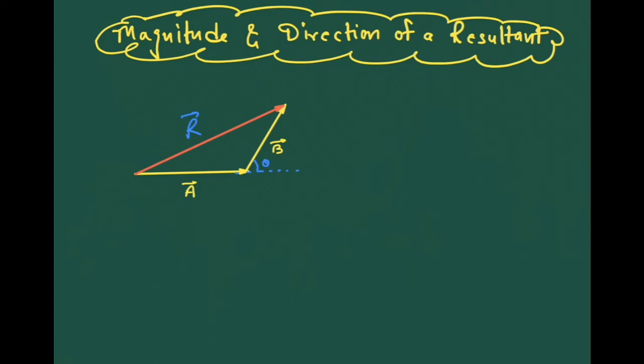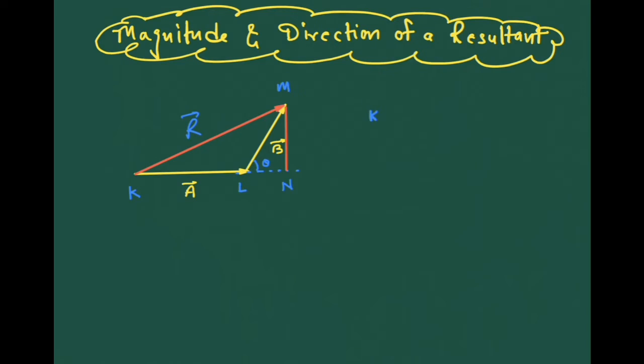To calculate R, let's draw a perpendicular from this point. Let the triangle be K, L, M, and the perpendicular here is MN.